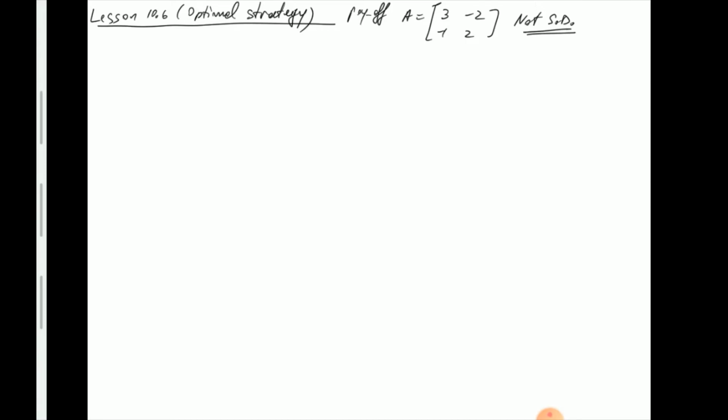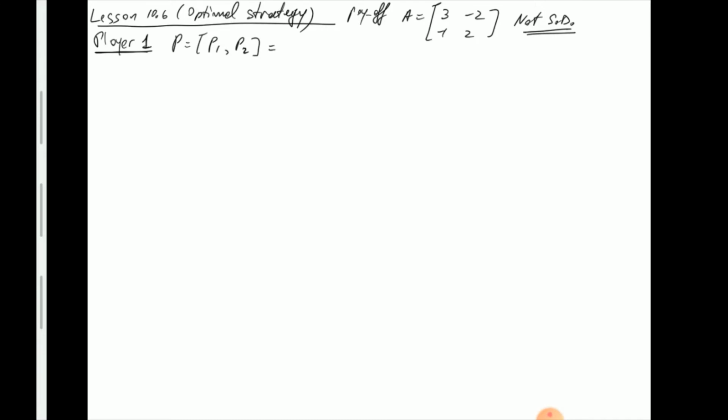So let's say you're player one. Let's focus on player one, who will choose the rows, right? And remember, the frequency of choosing the two rows is typically denoted by P1, P2, but the two should add up to 1.